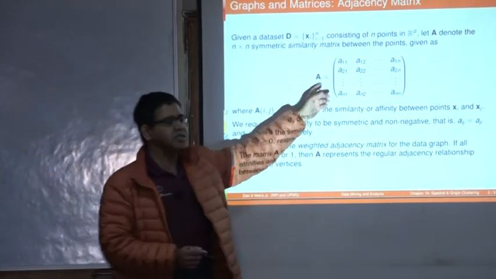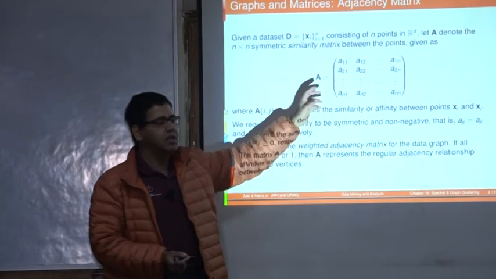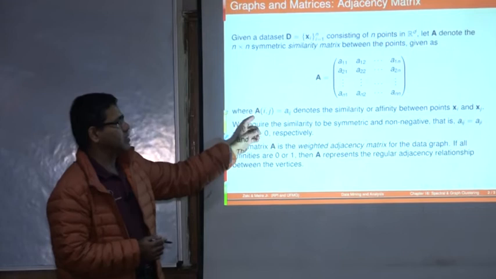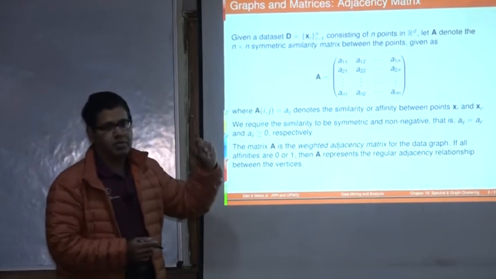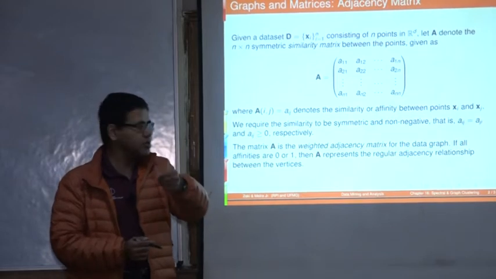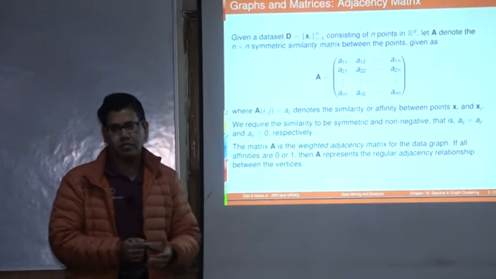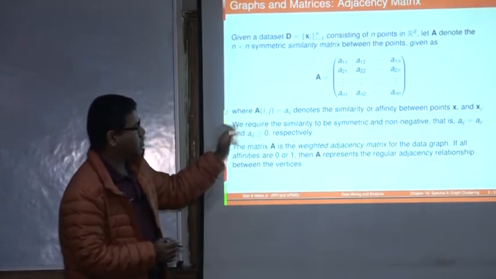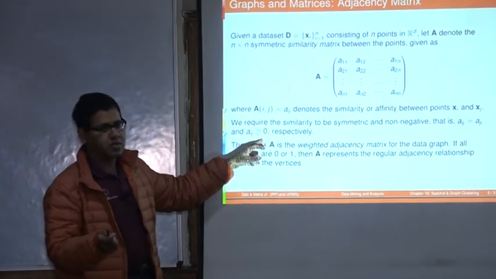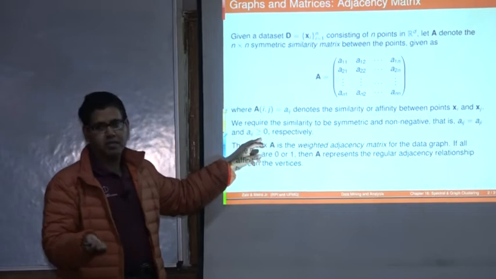So this is your adjacency matrix. It's the weighted adjacency matrix, and we'll assume that it is a symmetric matrix. So the similarity has to be symmetric. If I'm similar to you, you are similar to me by the same amount. And we'll assume that these values are non-negative. You can have zero similarity, but you cannot have negative similarity.